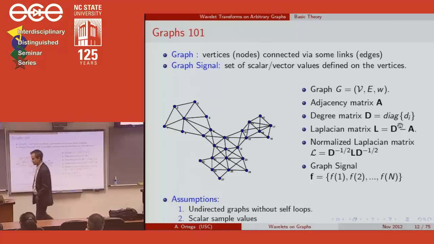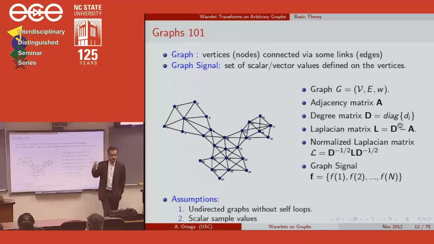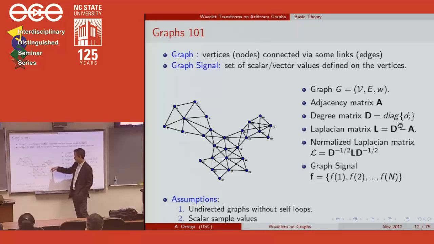Okay, so graphs 101. Again, we have vertices connected by some edges. Given the topology, in all of this work, we assume the topology is fixed. Okay, so it's given to us. We define an adjacency matrix that just tells us, in this case, we're considering undirected graphs, potentially weighted. So we have an adjacency matrix that captures that node 13 connects to node 18, right?